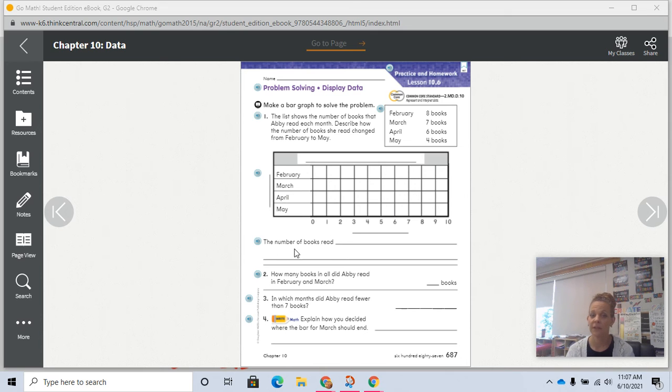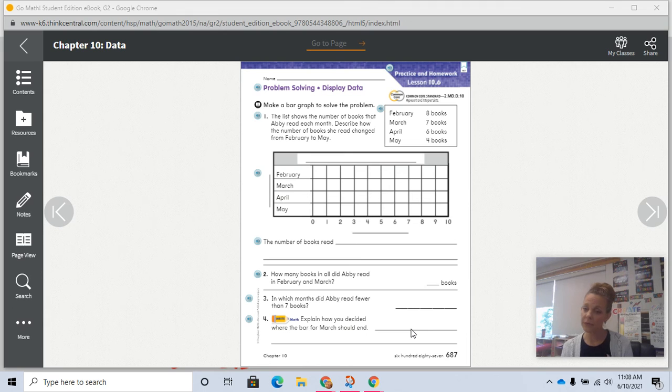Then you need to explain the number of books read. Did they increase or decrease? You can use your sheet that we did together to see where increase is and where decrease is. And you need to tell me that pattern of how much it increased or decreased as it went along. Then you're going to answer some more questions about the graph.